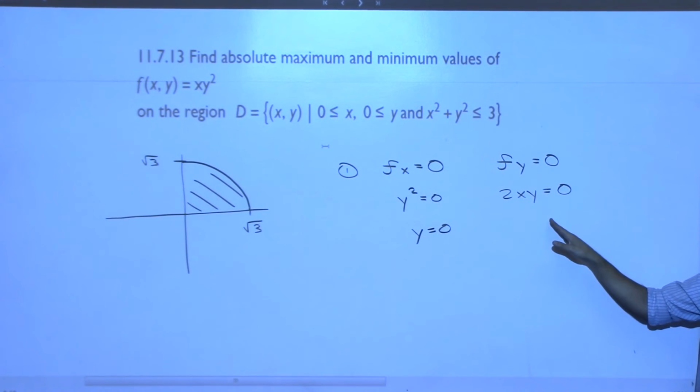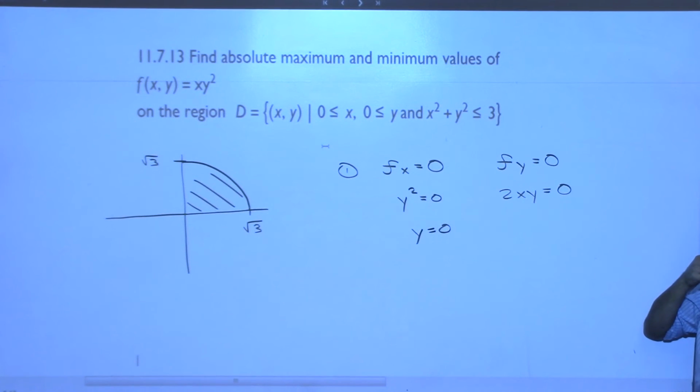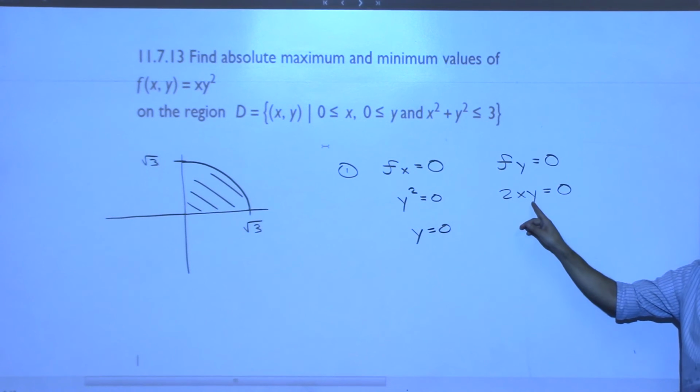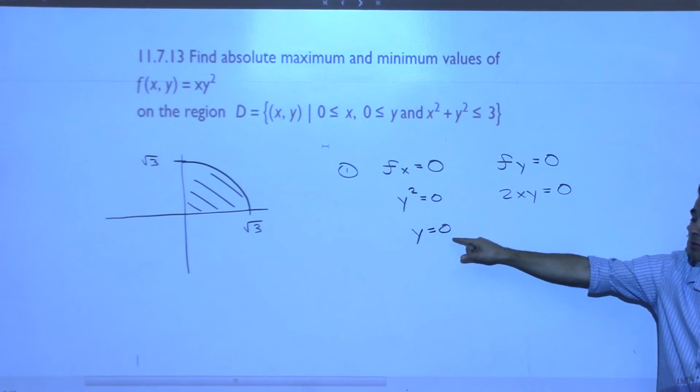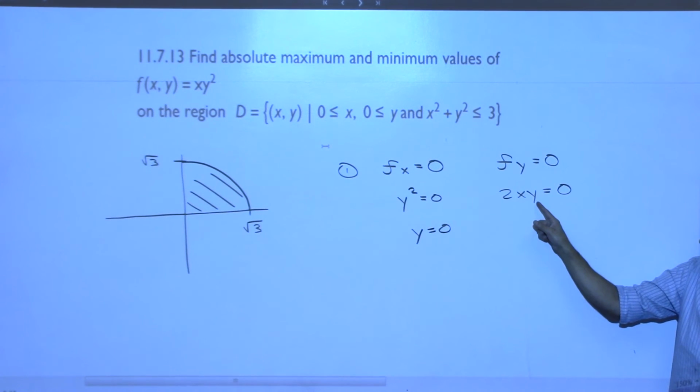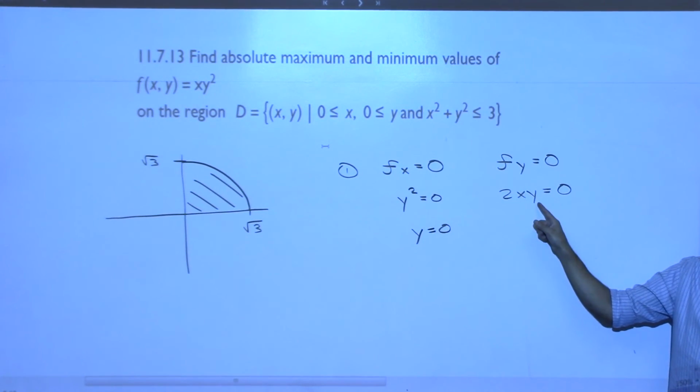So over here, does x have to be 0 for this to be true? No? Why not? Because if y is 0, then it doesn't matter what x is, does it? If y has to be 0 to make that true, then y has to be 0 here, and then you can let x be whatever you want it to be, right?